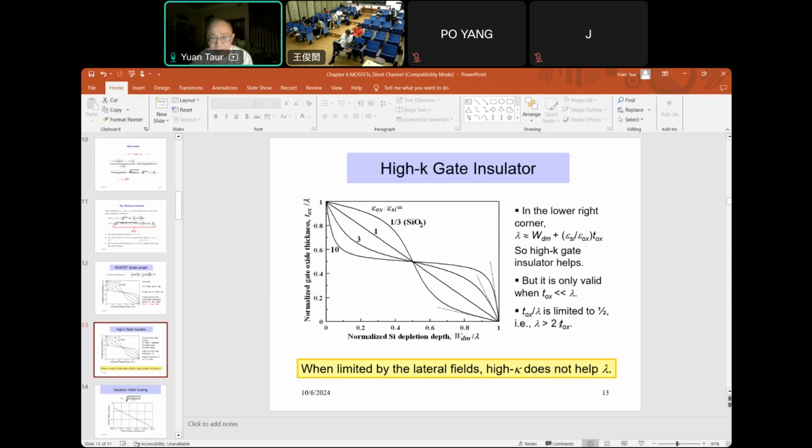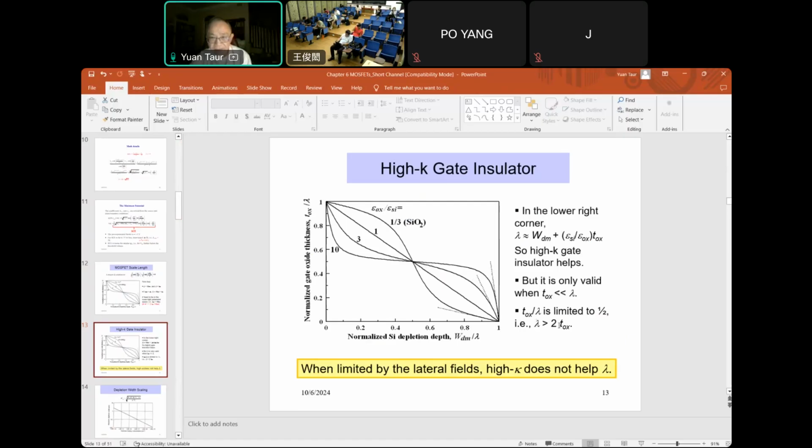This means that if you have a really very high K, then this is no longer valid, because you are no longer at the lower right corner, but rather it's limited by the whole curve. So once you are in this limit, then this is given by the physical thickness of oxide, regardless of the dielectric constant.